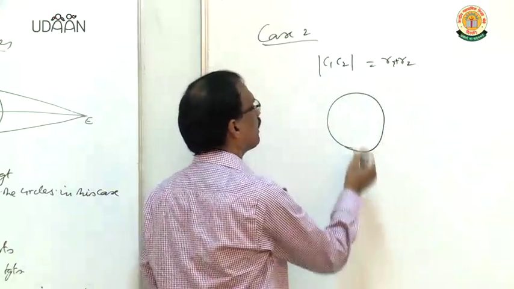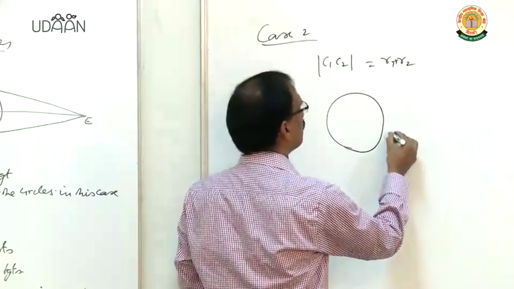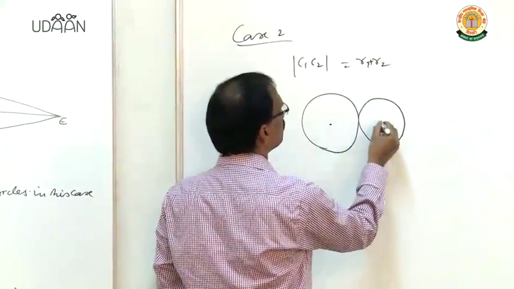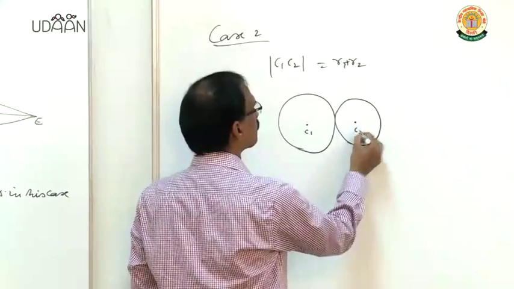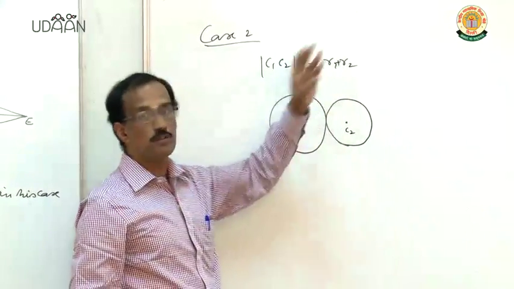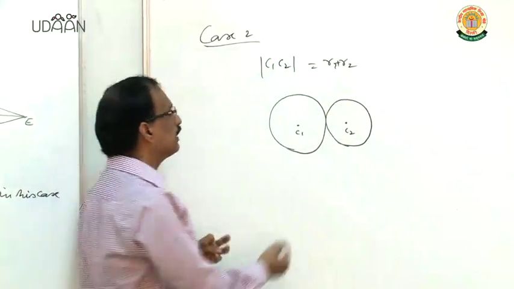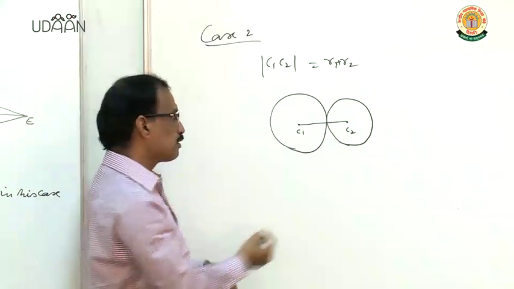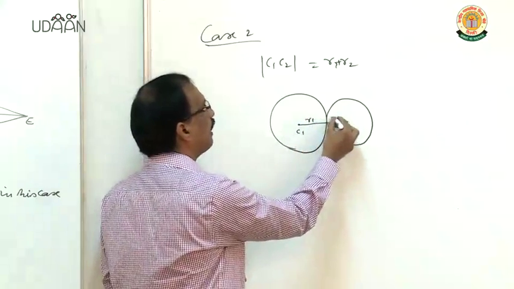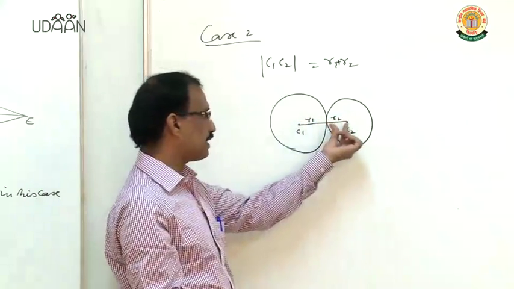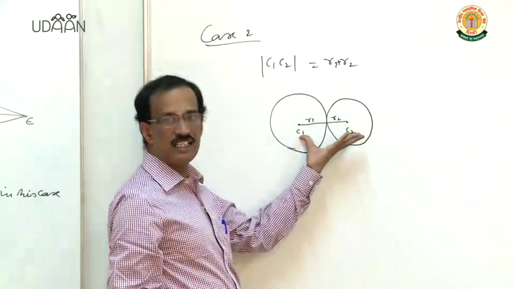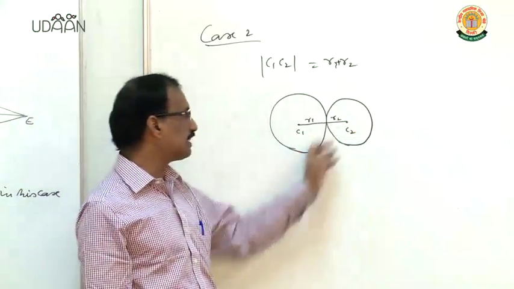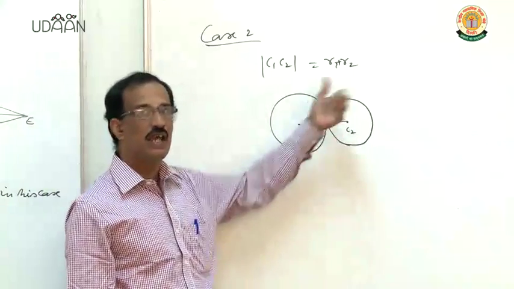Then how many tangents? If it is equal to R1 plus R2, then the circles will be touching externally. So this is your R1 and R2. R1 plus R2 equals the distance between the centers C1, C2. Therefore, the 2 circles touch externally.